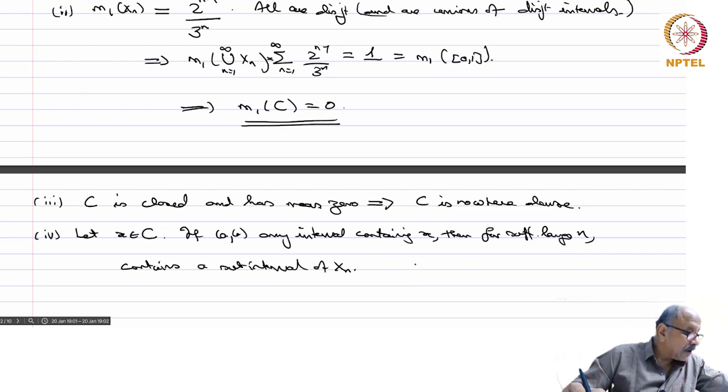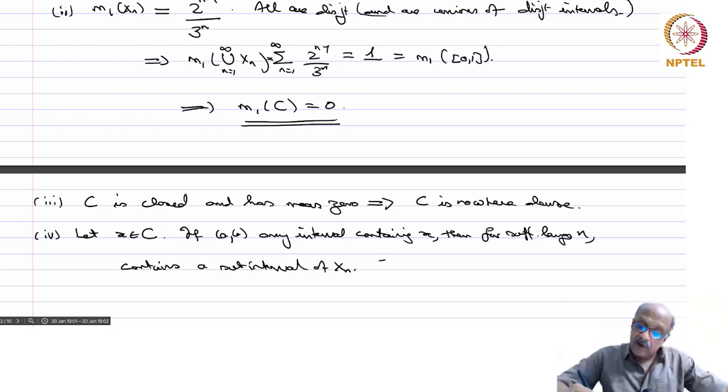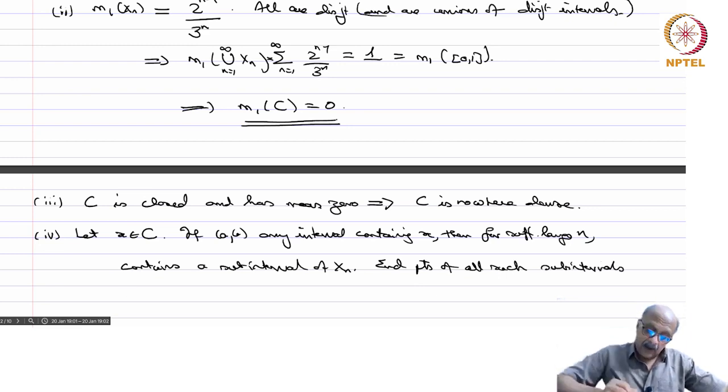Okay. Now the endpoints of all such subintervals are in C.